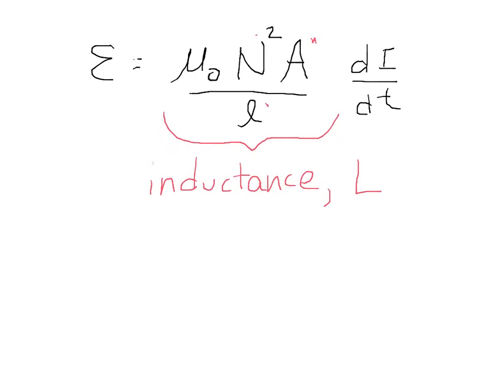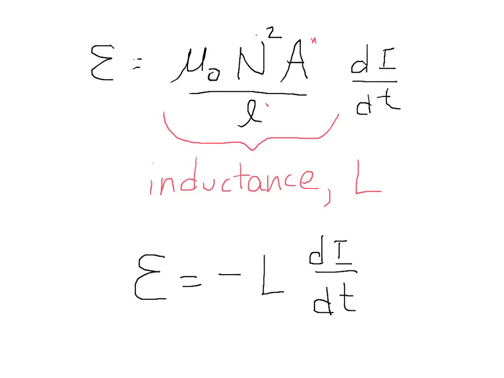So usually what we do is we write Faraday's law. In the case of self-induction, I'll include the negative this time, EMF equals negative L di dt. It turns out that when we put these coils in circuits with other things, it's most convenient to have it in that form.